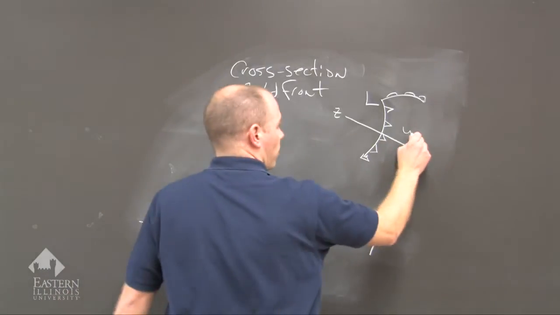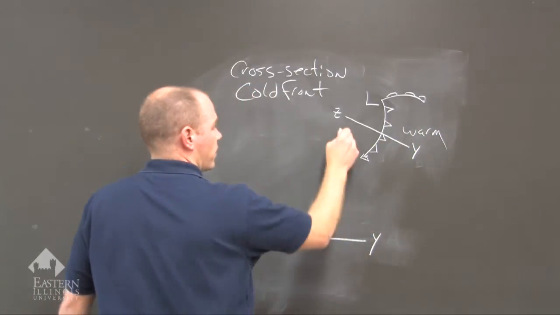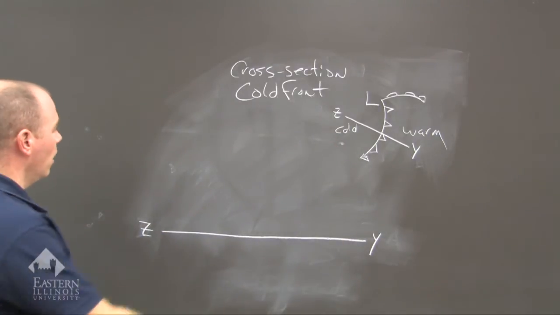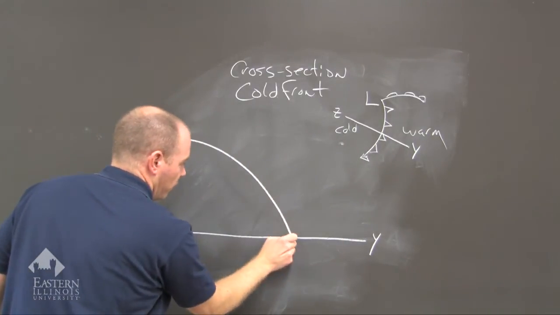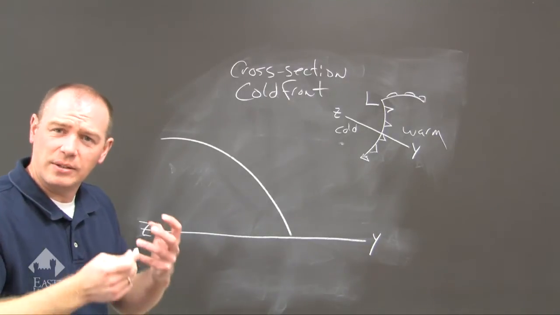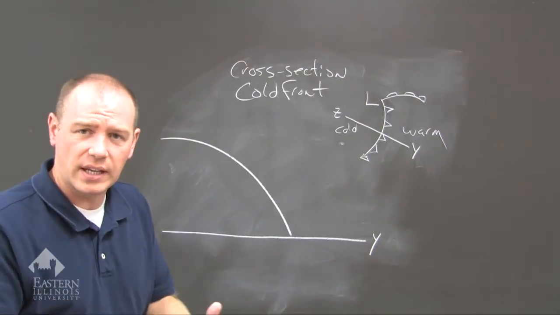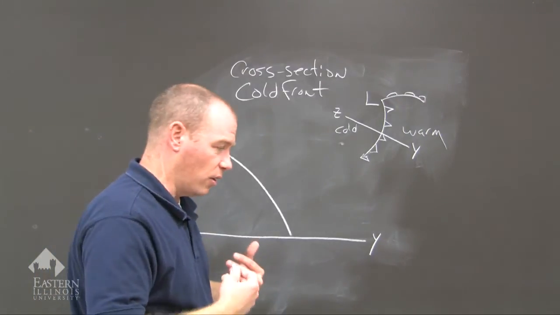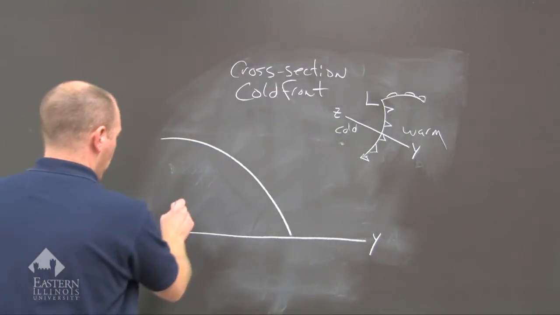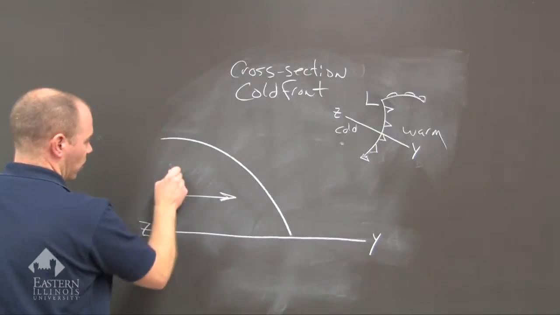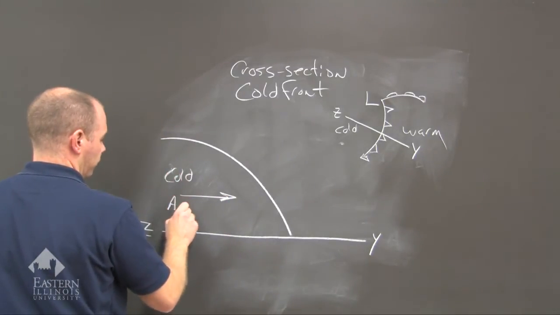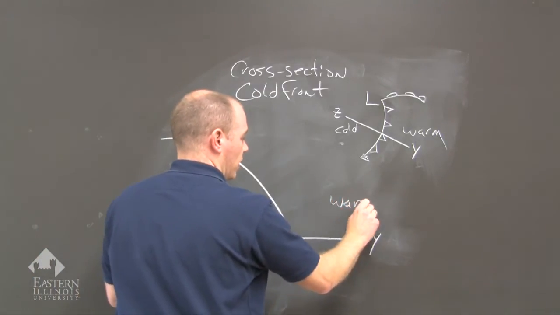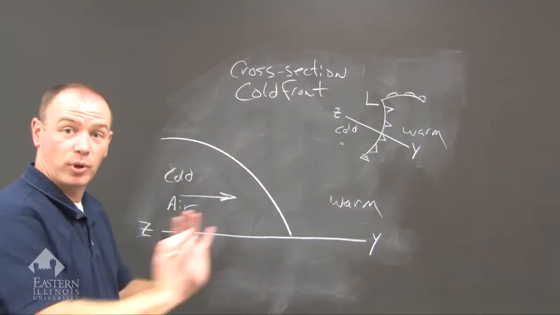All right, this is warm air here, and this is cold air back here, behind the cold front. The cold air mass, as I said before, is heavy, dense, and it's an abrupt motion. It's very dense and weighs a lot, and it just kind of pushes along the surface of the Earth. So we've got an abrupt motion here, cold air. As it moves in, you've got warm air on the side that it's pushing towards.